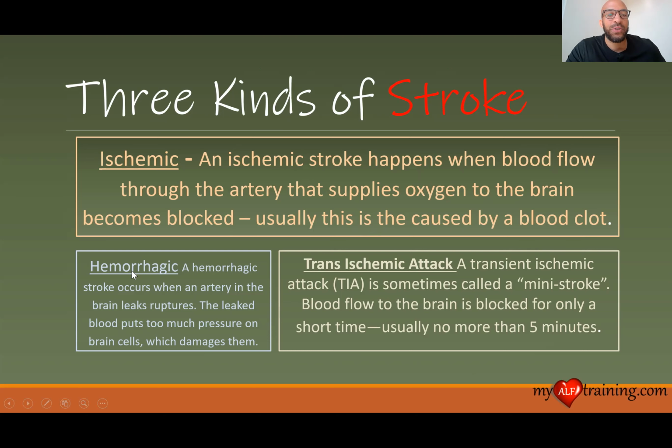Now, a hemorrhagic stroke occurs when the artery in the brain ruptures, and then the blood starts to leak out. The blood puts too much pressure on the brain cells, which also damages them. So in a hemorrhagic stroke, there's not enough blood getting through, and the blood that's leaking out also damages more cells. So it's a very messy situation.